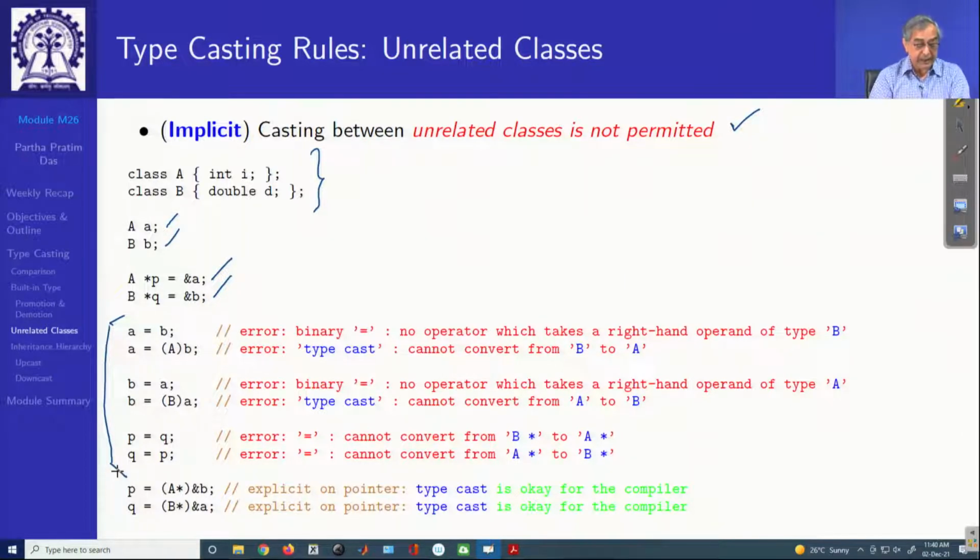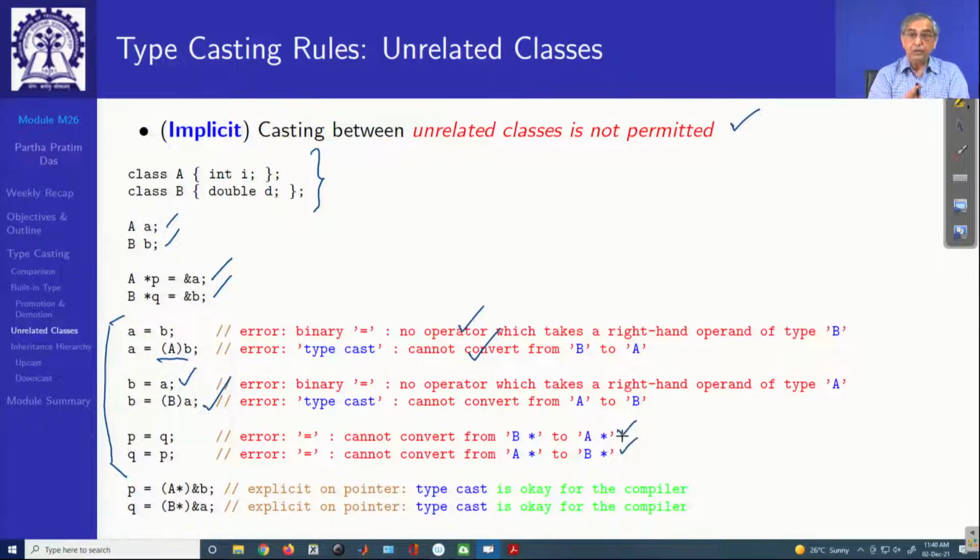That is, assigning one object to another, not allowed. Trying to explicitly cast it is not allowed, because there is no conversion available. Similarly, the other way, these are not allowed. I try to cast the pointers, they are not allowed.